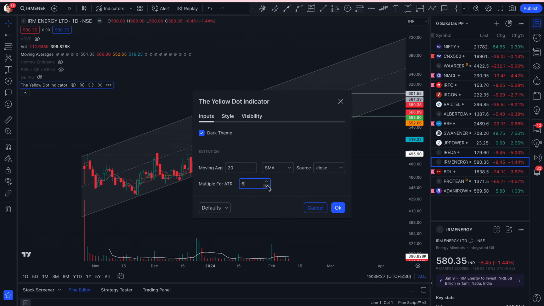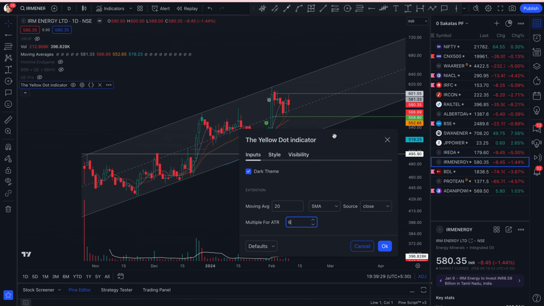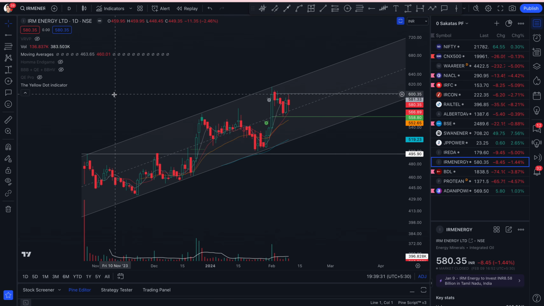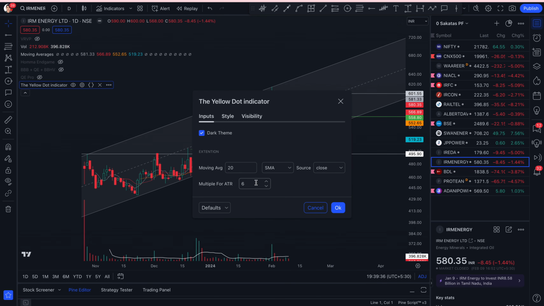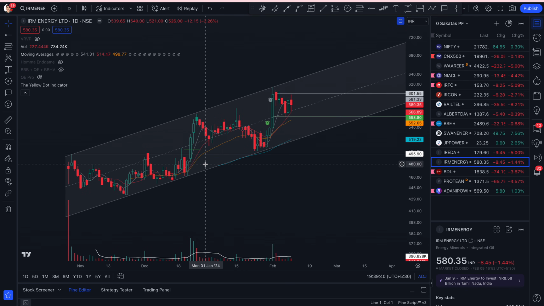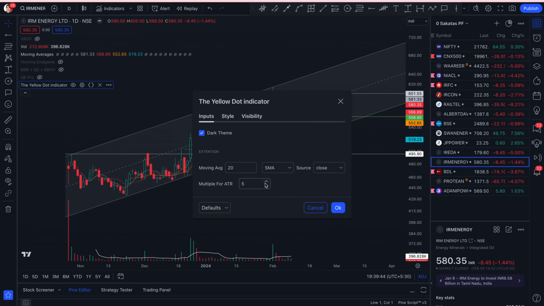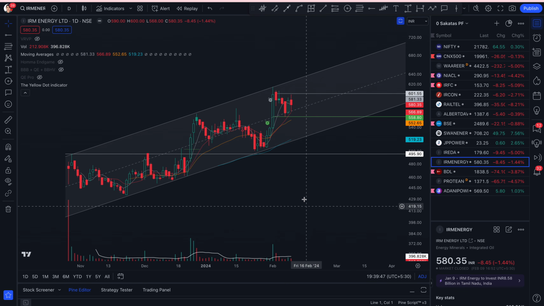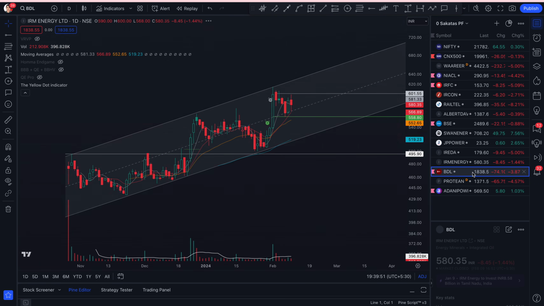So you can basically say, hey, how does 6x look, does the yellow dot appear somewhere here when it is 6x? How about 5x? How about 4x? Oh, this is a new stock, so that's why we don't have the data yet here.